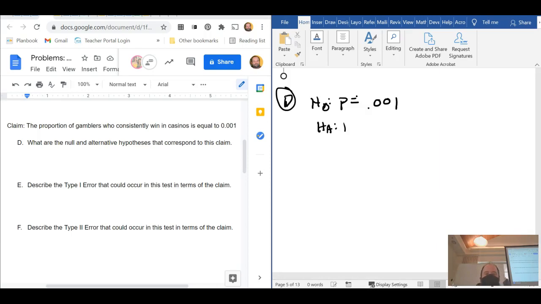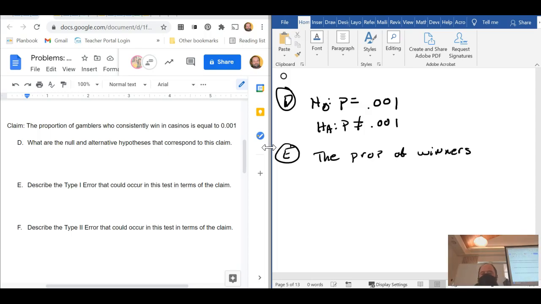HA is that the p is not that, because this is a claim of equality. So the error here is that the proportion of winners is 0.001, and the test says it's not.